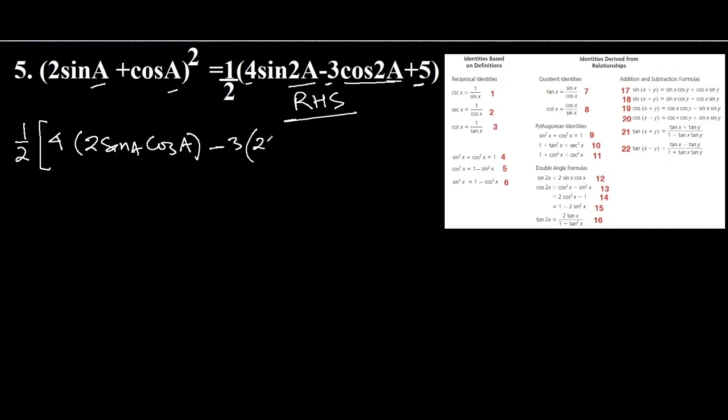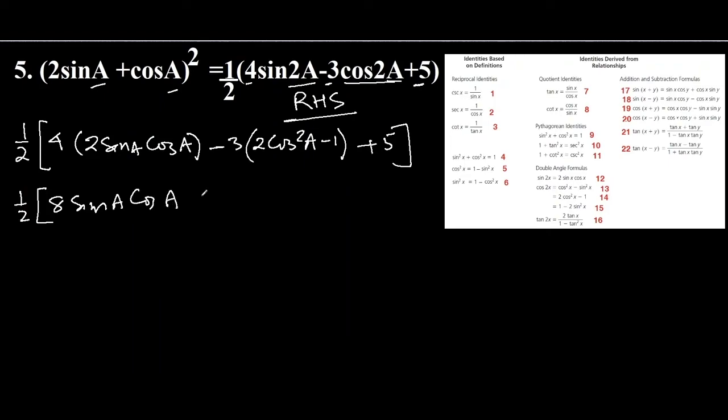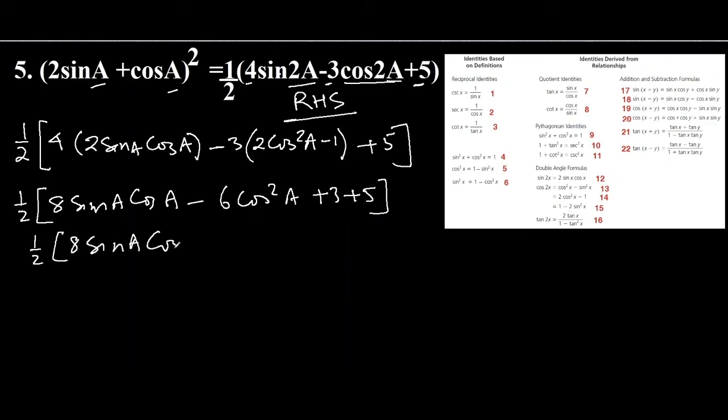So I will write 2 cos square a minus 1 inside and plus 5. Alright, so half remains half again. This becomes 8 sine a cos a minus 6 cos square a plus 3 plus 5. If I simplify further, it becomes 8 sine a cos a minus 6 cos square a plus 8.